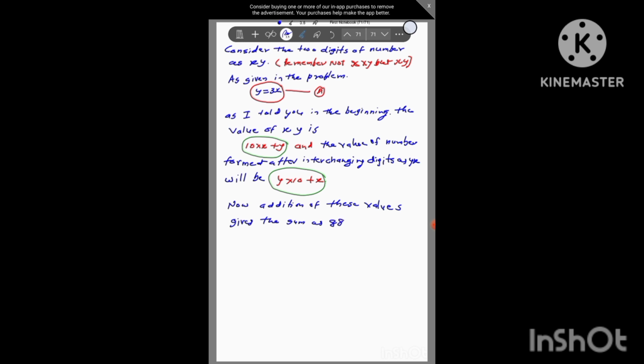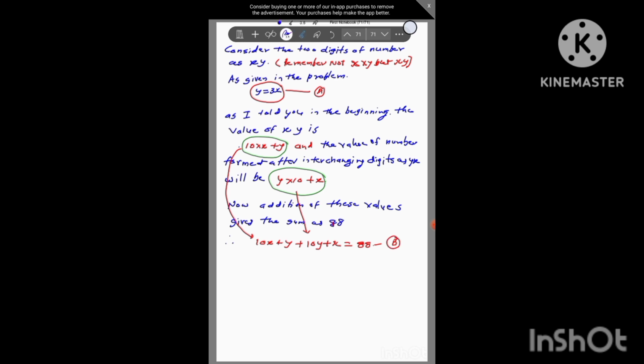See, this is only about understanding the problem properly. Now we are adding: 10x plus y is one value, and 10y plus x is another value, and that sums up to 88.